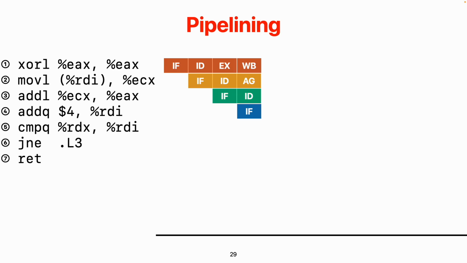Okay, is that all good? Is that the only issue here? Right now you are talking about 2 and 3. Is that the only issue here? This means that I'm going to add ECX and EAX and put it back in EAX.